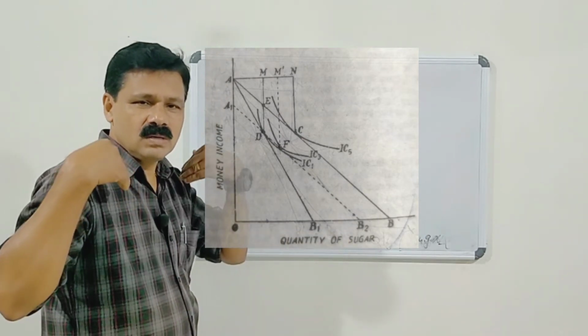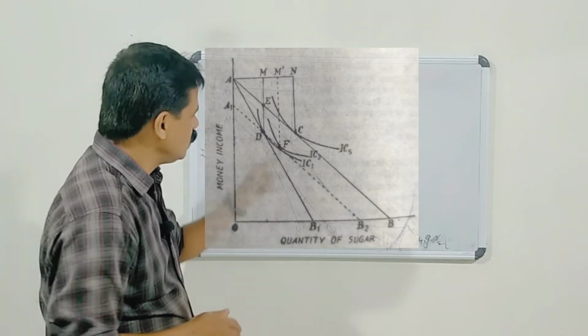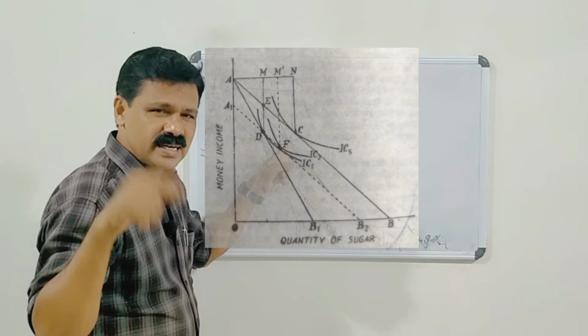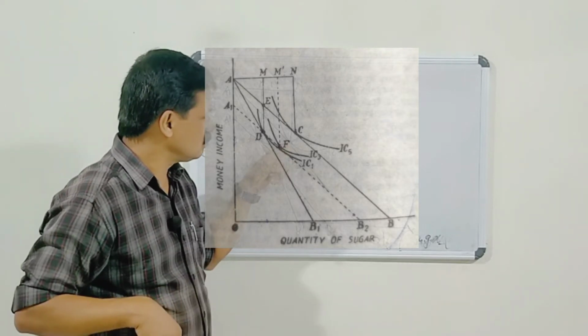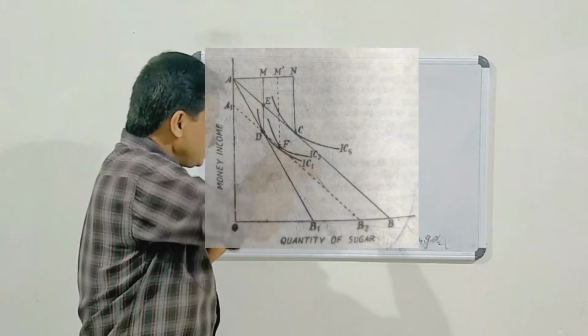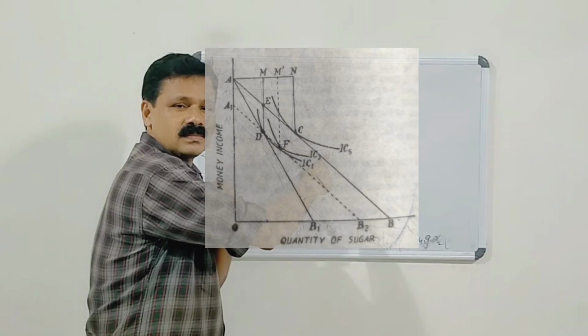Before the imposition of tax, the consumer's equilibrium position is indicated by point C, at which the price line AB is tangent to an indifference curve IC5.